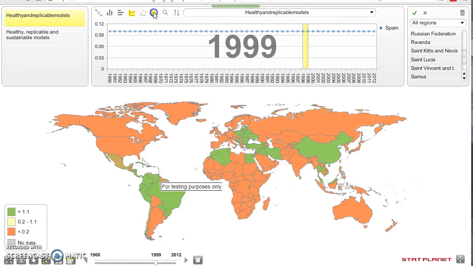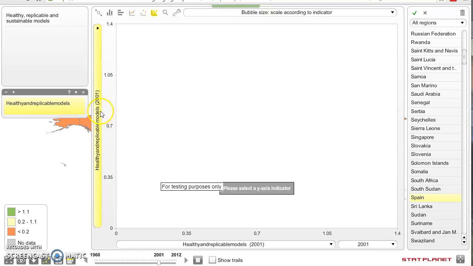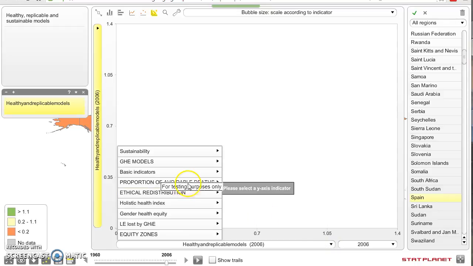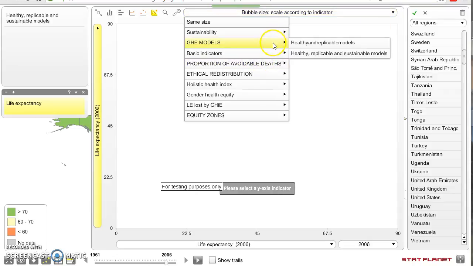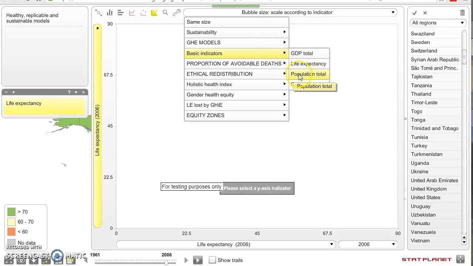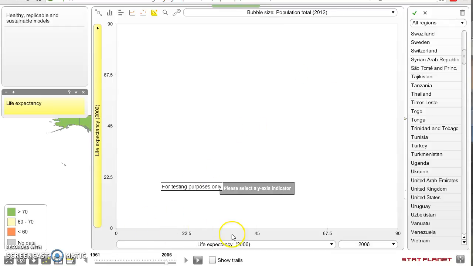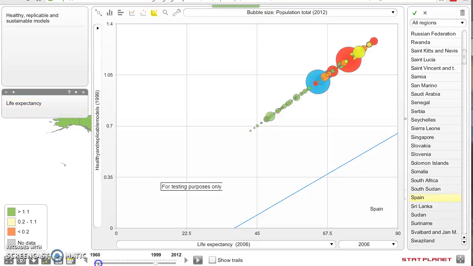Or you can do a scatter diagram where you can see which countries have been healthy and replicable and what has been the relation, for instance, with certain indicators like life expectancy, obviously, and let's put a bubble size of population to indicate the magnitude of the country itself in terms of population, and see how it has evolved.